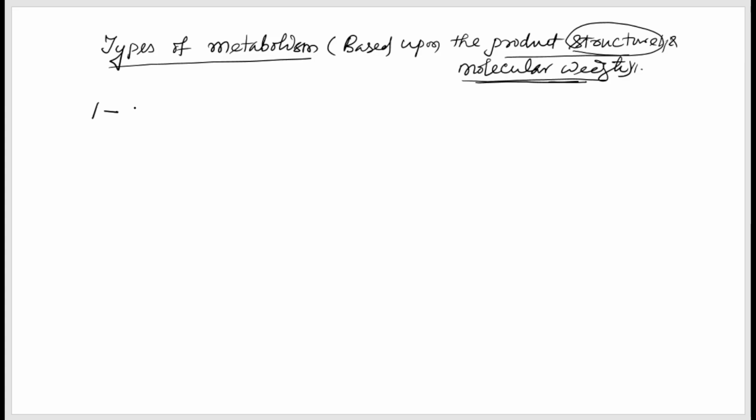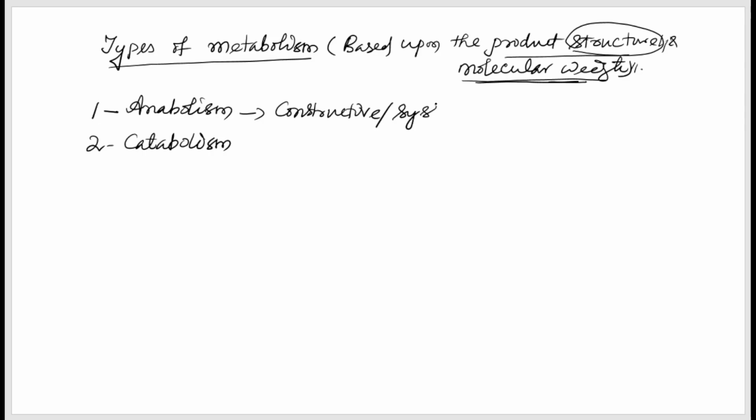One is the anabolism process, and another one is the catabolism process. When you say anabolism process, it's a synthesis process, a constructive process, or you can say a production process, production of complex molecules.